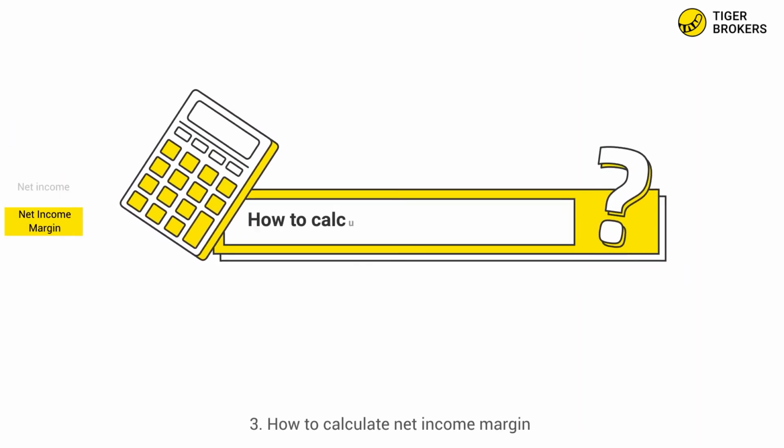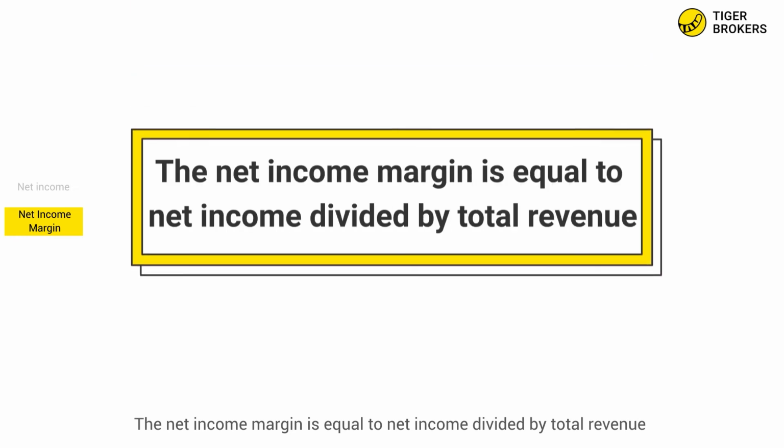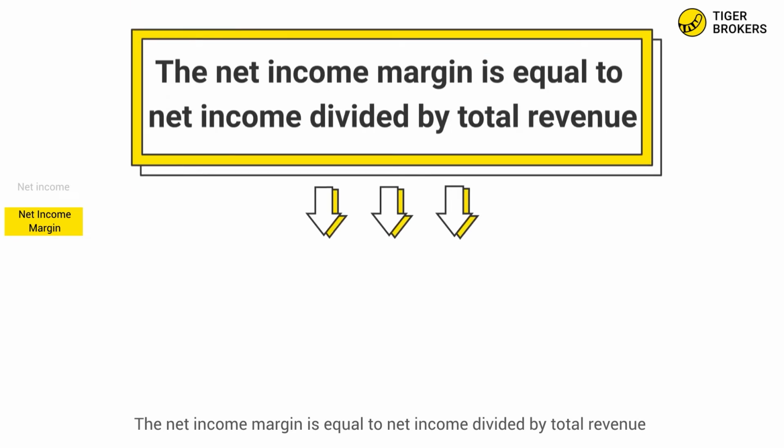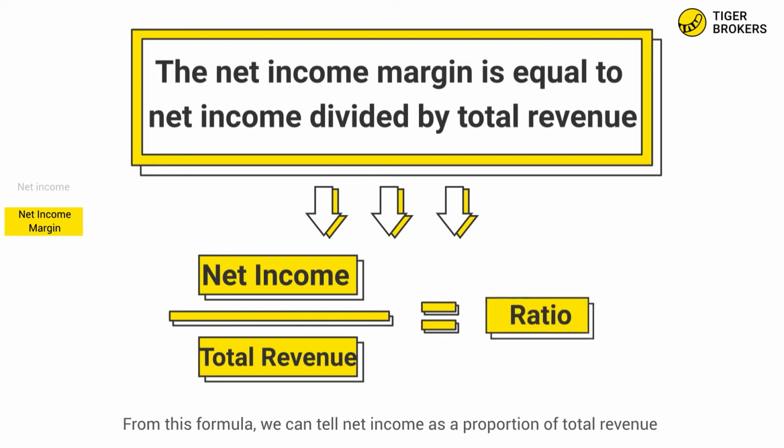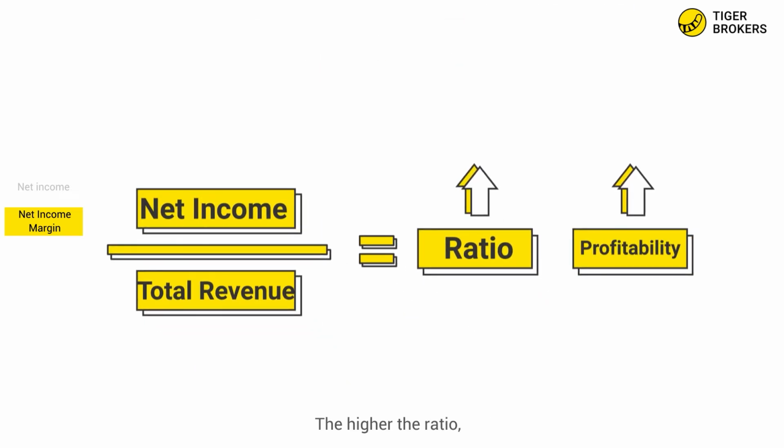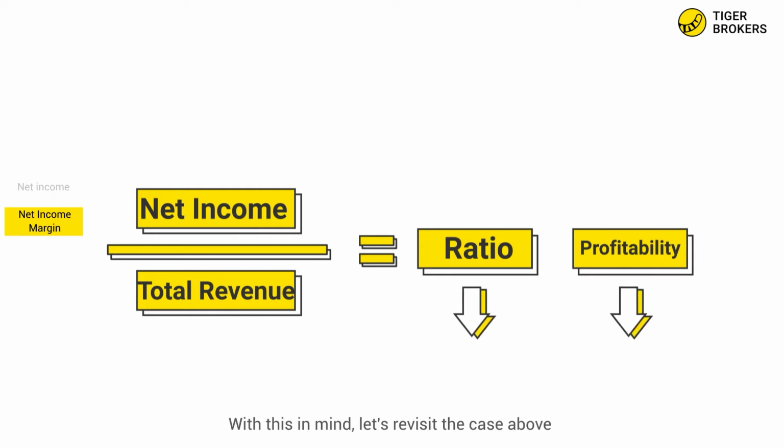3. How to calculate net income margin. The net income margin is equal to net income divided by total revenue. From this formula, we can tell net income as a proportion of total revenue. The higher the ratio, the higher the profitability, and vice versa. With this in mind, let's revisit the case above.